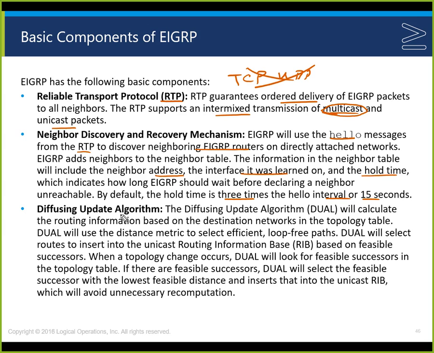The Diffusing Update Algorithm, DUAL, calculates the information based on the destination networks in the topology table and uses the distance metric to select the loop-free paths. We looked at some of those and the formula of what it actually uses to get there. And I think I've got another slide here in a couple minutes that shows that again.